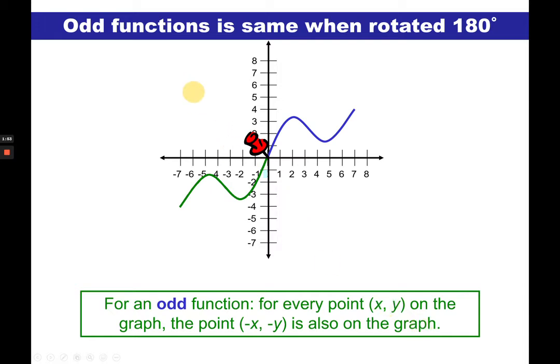We cannot say it is symmetric in a certain way, but the easier way to describe it is that an odd function is the same when rotated 180 degrees. 180 degrees is a half pi, not a complete revolution, it's a half revolution.